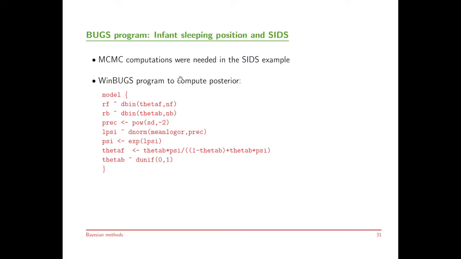We needed MCMC computations for this example. And here you see the WinBUGS program. So you can see a kind of R statements where we say that here the number of events have a binomial distribution for the front position and the back position. Then we compute here the log odds ratio, giving it a prior, and we compute here the odds ratio, and so on.